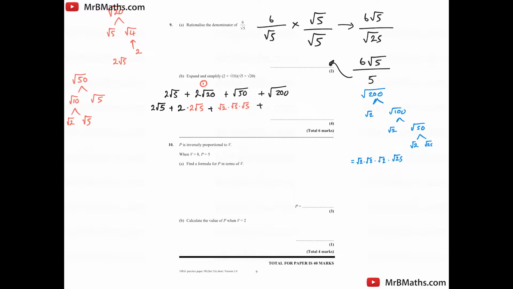Well, no, root 2 times root 2 is root 4. So it'd be root 4 times root 2 times root 25. This would give me square root of 4 is 2 times root 2 times square root of 25 is 5. So I can just write this slightly simplified version up here too.